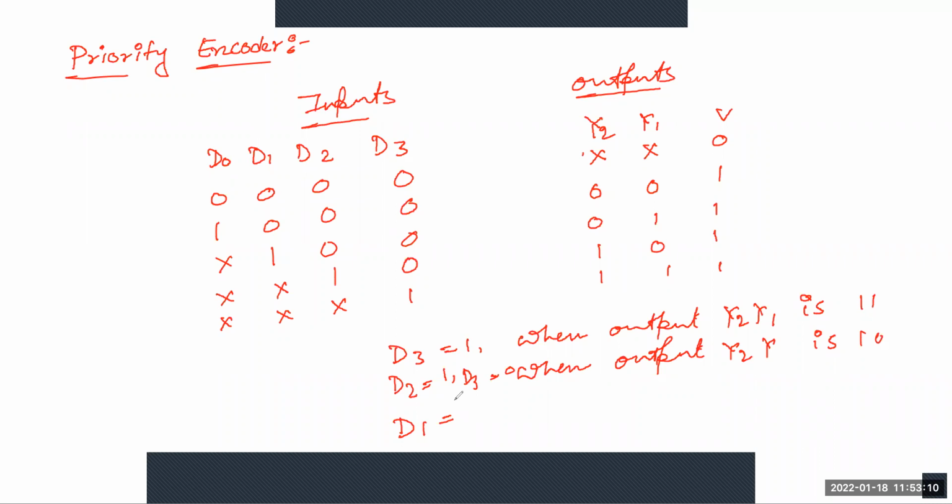And the output for the case of D1 is generated only if the higher priority inputs are 0. So it goes on down the priority levels.